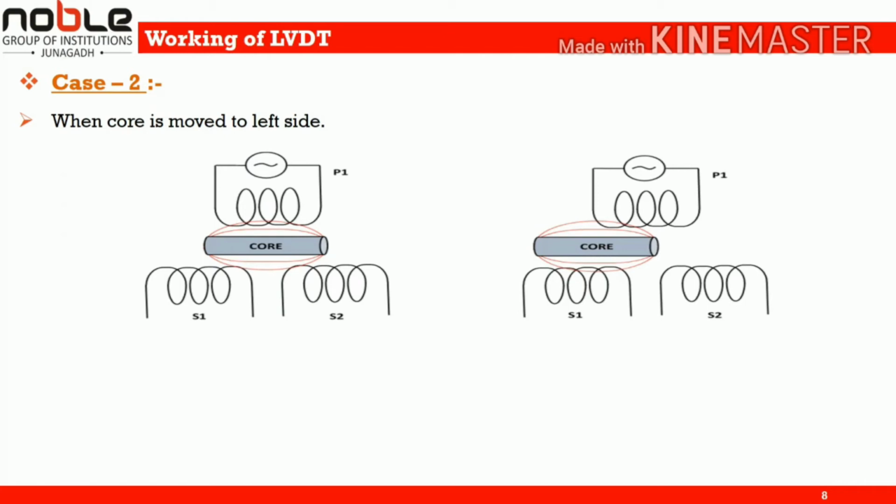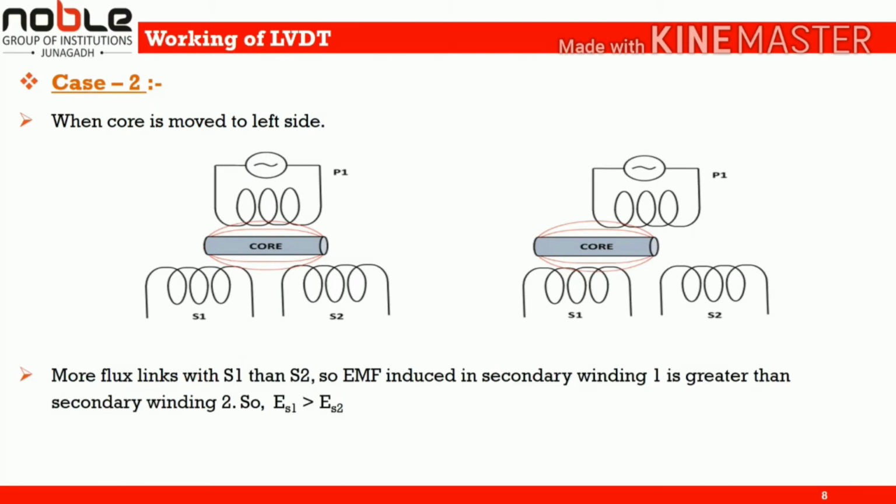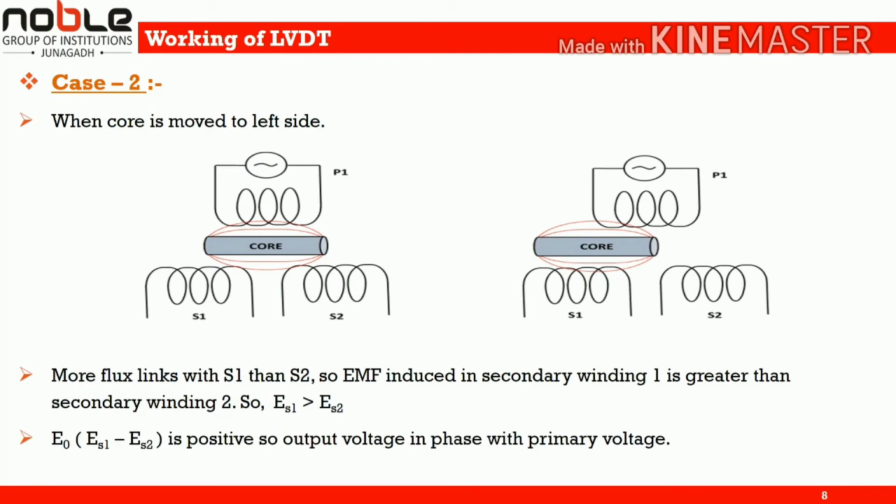More flux is linked with S1 than S2, so ES1 is greater than ES2. E0 is equal to ES1 minus ES2, and since ES1 is greater than ES2, E0 is positive. So the output voltage is in phase with the primary voltage.